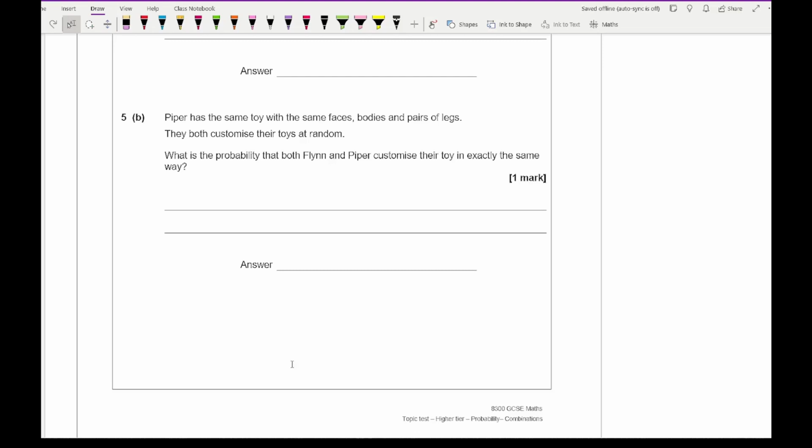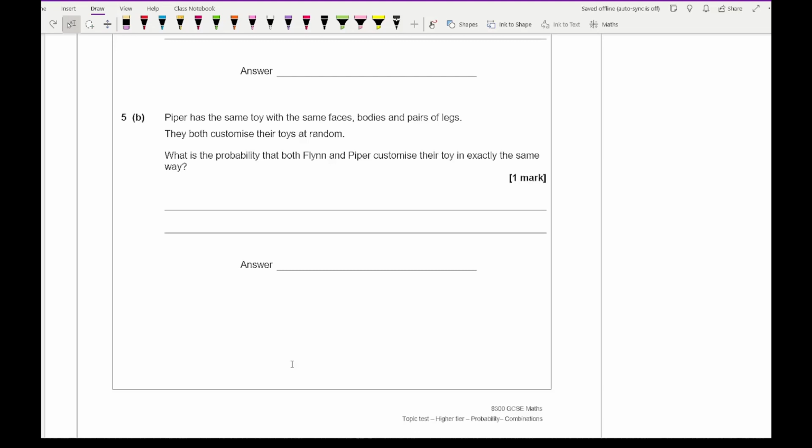So here we've got no idea how many faces, how many bodies, how many pairs of legs Piper has. So we don't know the probability of her selecting one. So rather than looking at what's the probability of Piper picking the same one as Flynn, we'll look at this question as what's the probability that Flynn picks one that is the same as Piper.